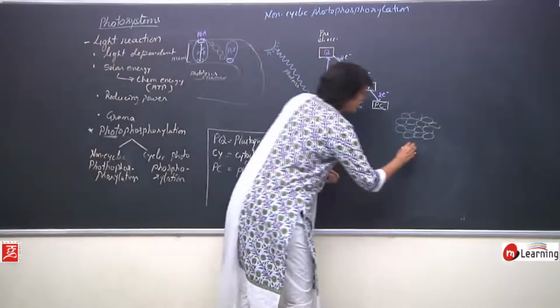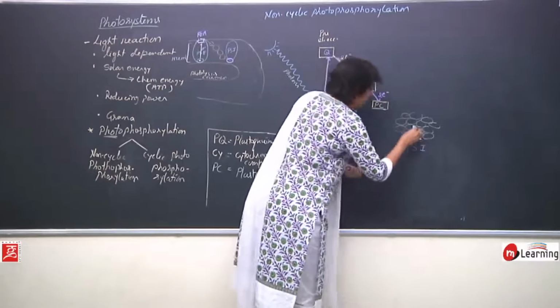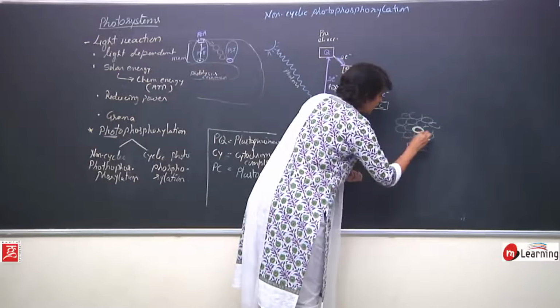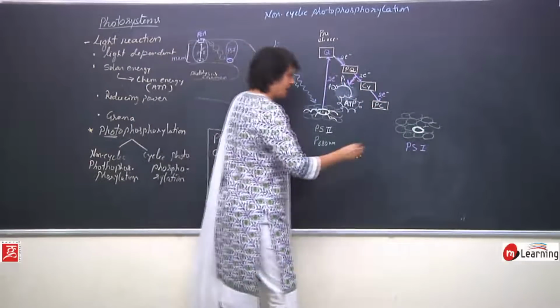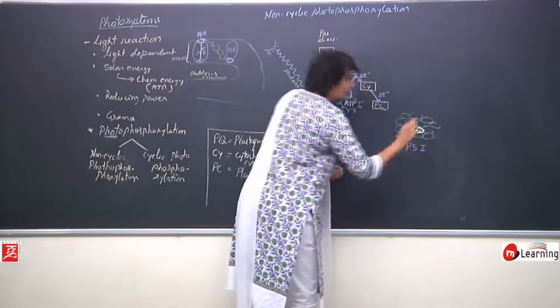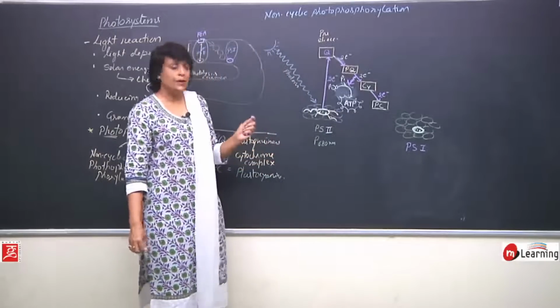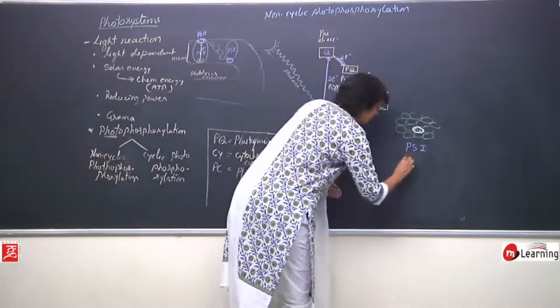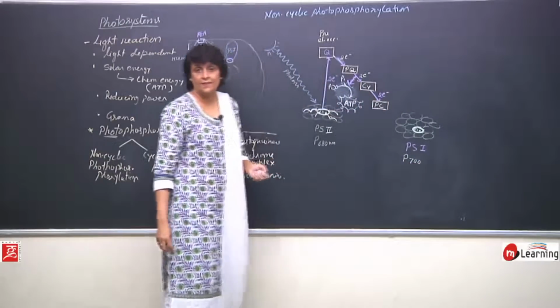So this is PS1, and we will draw this chlorophyll, which is the reaction center chlorophyll. Again, it is chlorophyll A, but it is a part of PS1. So it absorbs 700 nanometers, so it is written as P700.